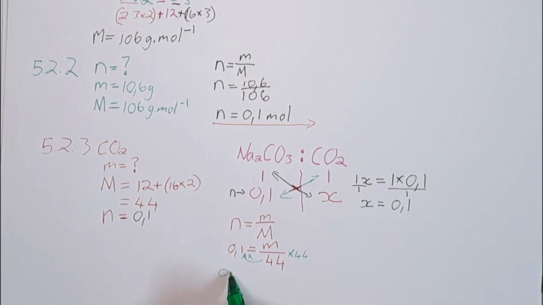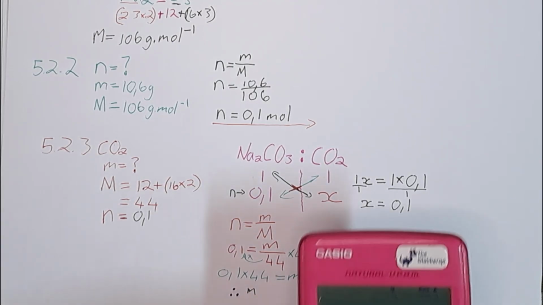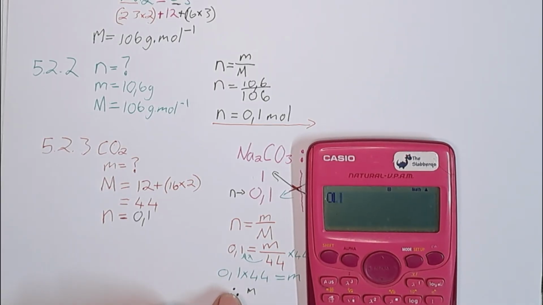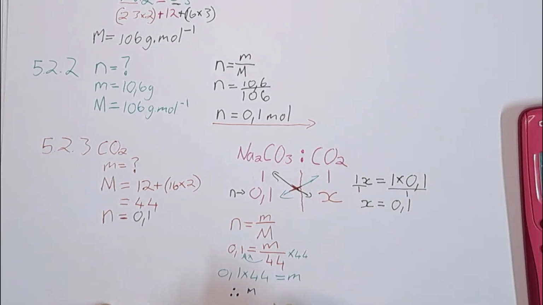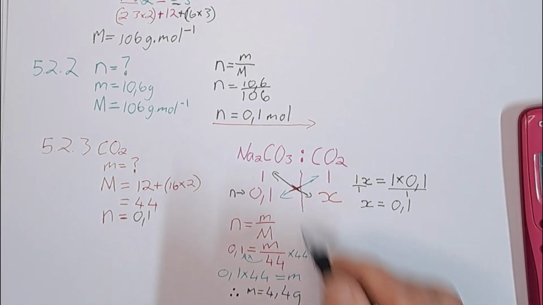So that's going to give me 0,1 multiply the 44 equals my mass. And therefore my mass is going to be, you guessed it, we're going to smash it into a calculator first. 0,1 multiply 44 equals 4,4. So my mass is going to be 4,4 grams. Beautiful. Our first stoichiometry ratio done.